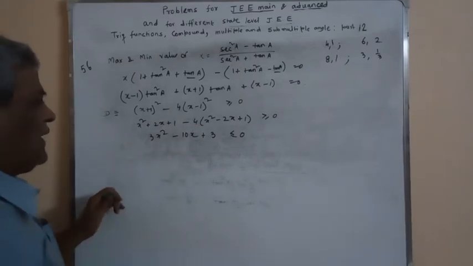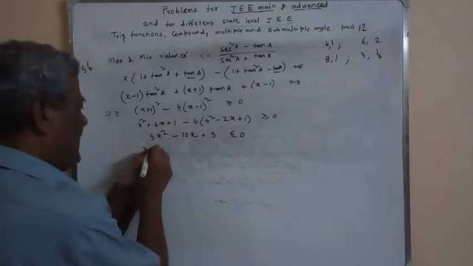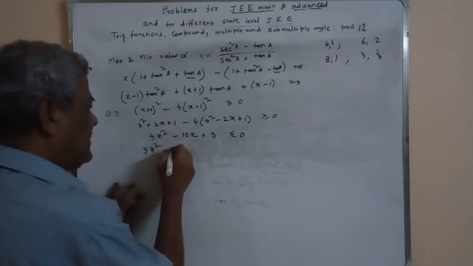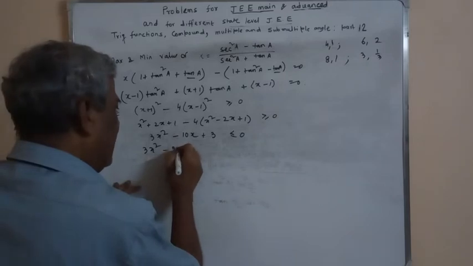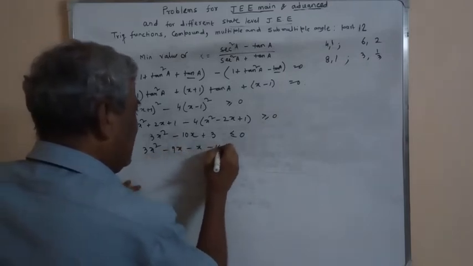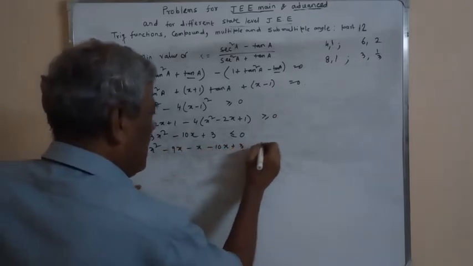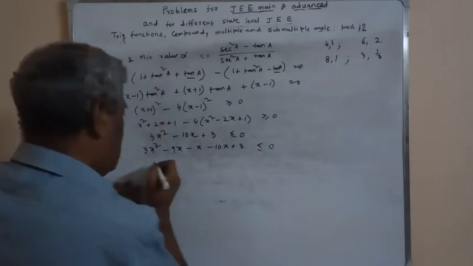Now this can be factorized: 3x squared minus 9x minus x plus 3 must be less than or equal to 0.